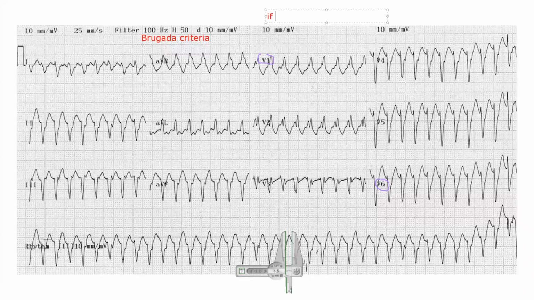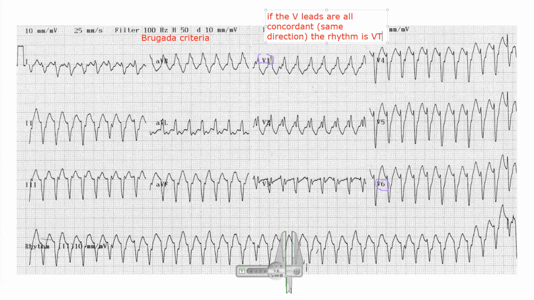If the V leads are all concordant, meaning that they are going in the same direction, the rhythm is ventricular tachycardia. Does everybody understand that?